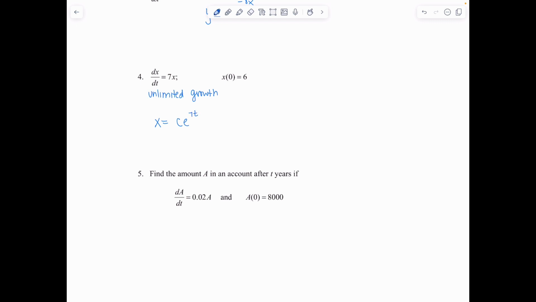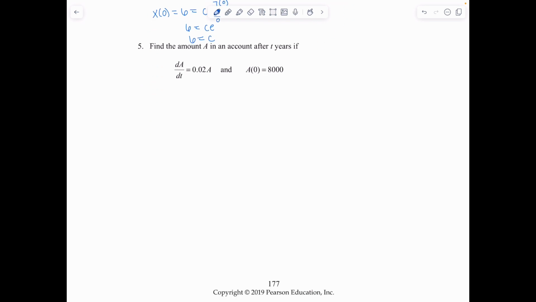But we have that initial value, x(0) = 6. So c e^(7 times 0) gives us 6 = c e^0, 6 = c times 1. So our particular solution will be x = 6 e^(7t).